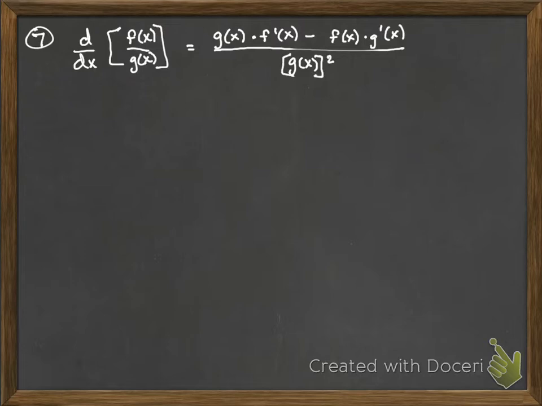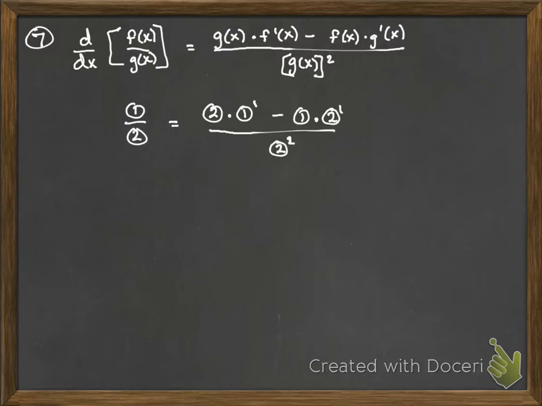The simpler version of all that, if we let f of x be 1 and g of x be 2, what would that look like? We have 2 times 1 prime minus 1 times 2 prime, all over 2 squared.